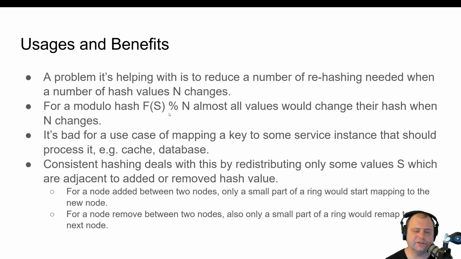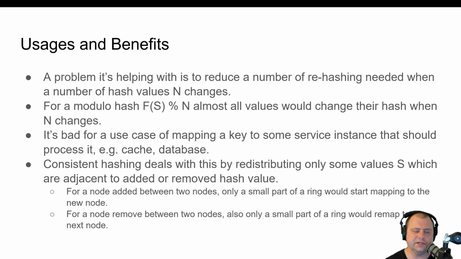It's bad for the case of mapping a key to some service instance that should process it, for example a cache or a database. Imagine one node goes down, and now suddenly you don't have the mapping anymore, because almost all the values would be on different instances compared to what the hash function offers.